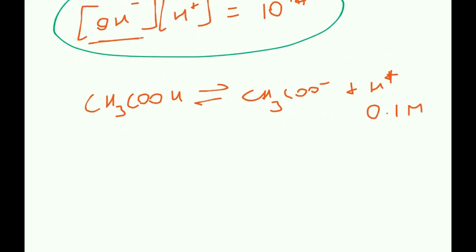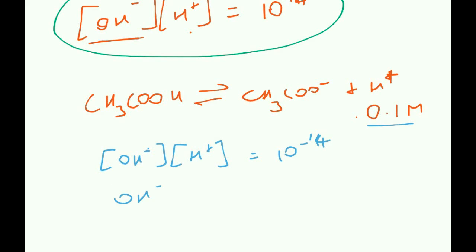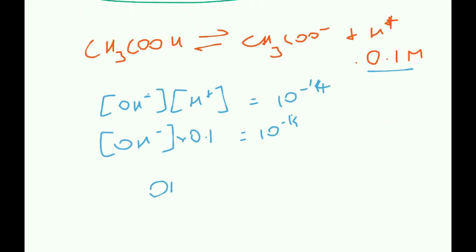So I can plug this into my formula over here: concentration of OH negative times concentration of H plus is 10 to the power minus 14, and 0.1 molar I'll put here. So concentration of OH negative times 0.1 gives me 10 to the power minus 14. So what's the concentration of OH negative?